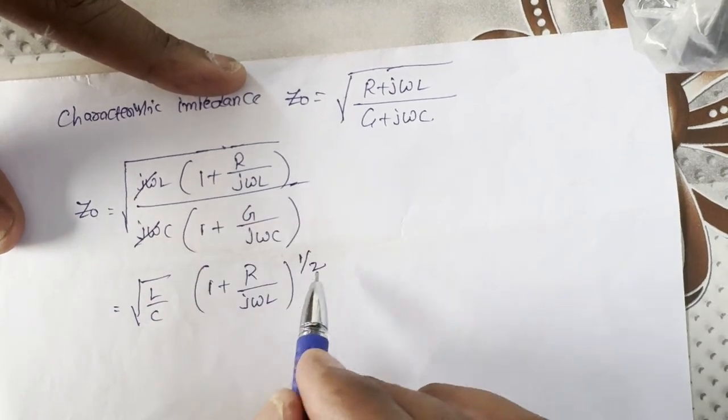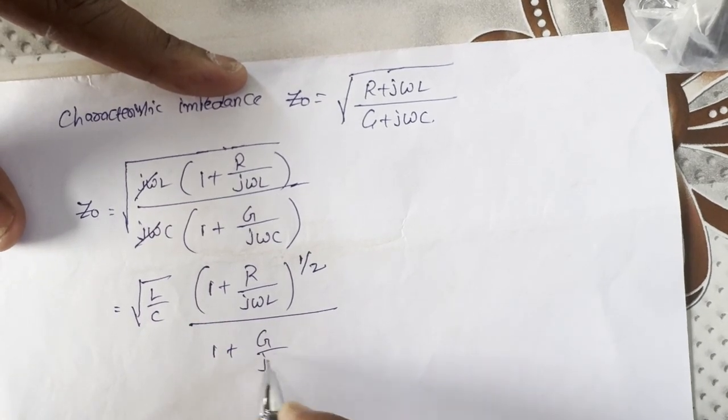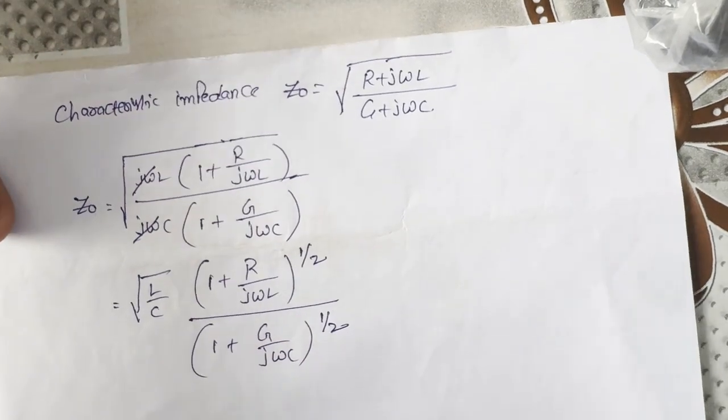This root can be written as 1 by 2, over 1 plus G by j omega C whole power 1 by 2. That root is written.